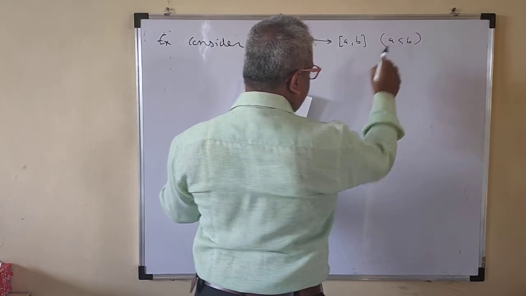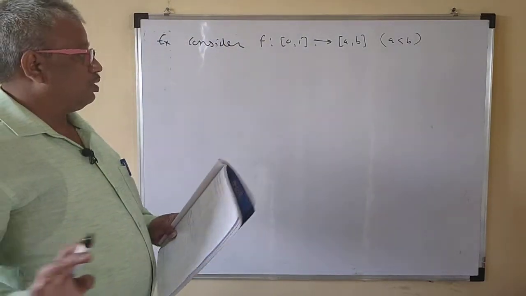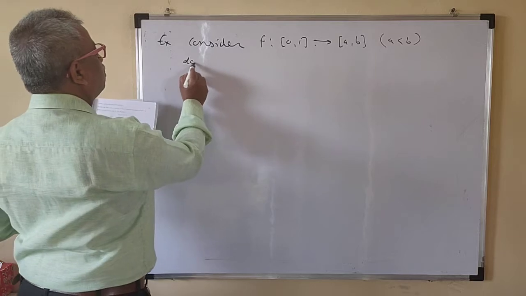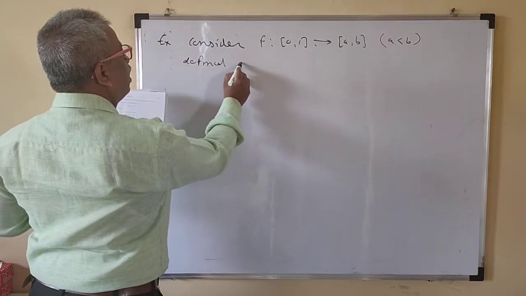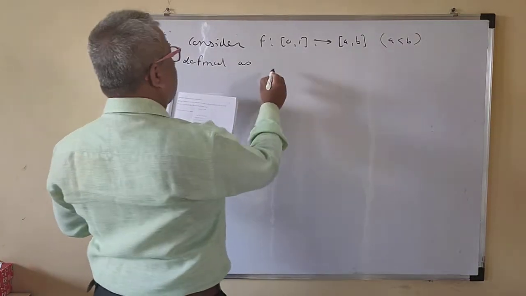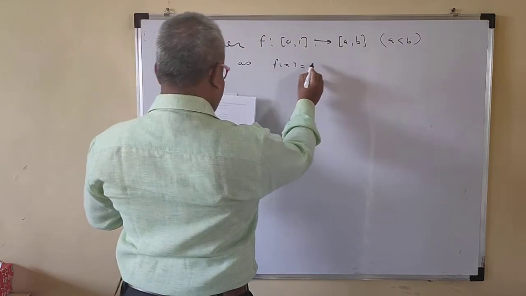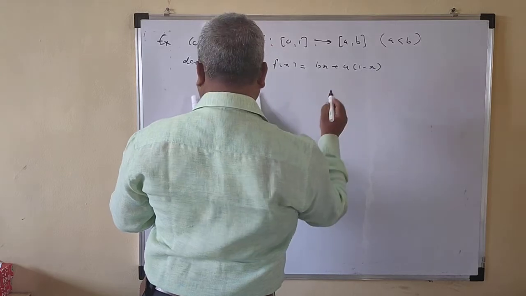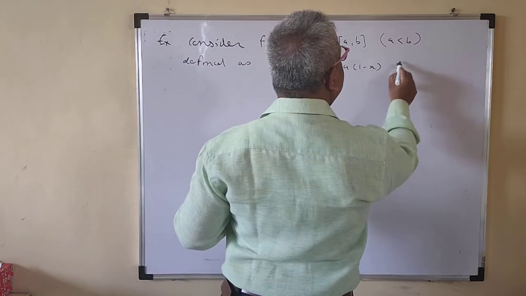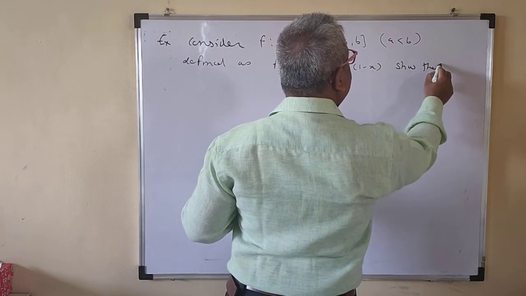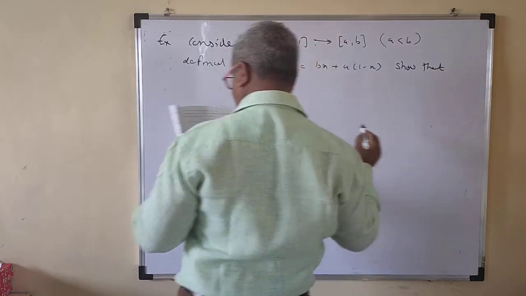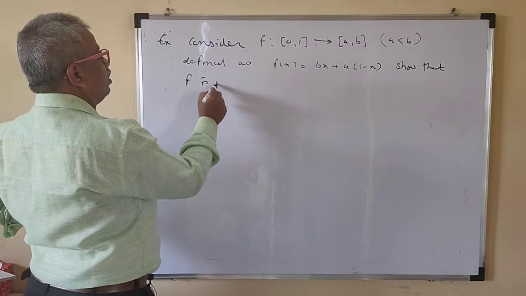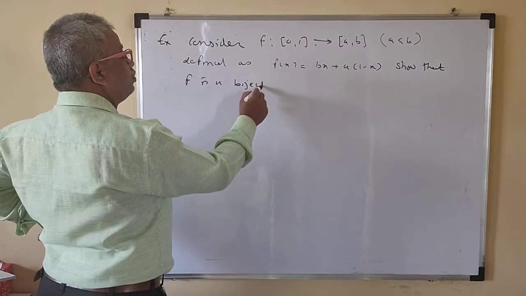A less than B is always true, so there is no need to write this. Define f of x is equal to bx plus a into 1 minus x. Show that f is a bijective.